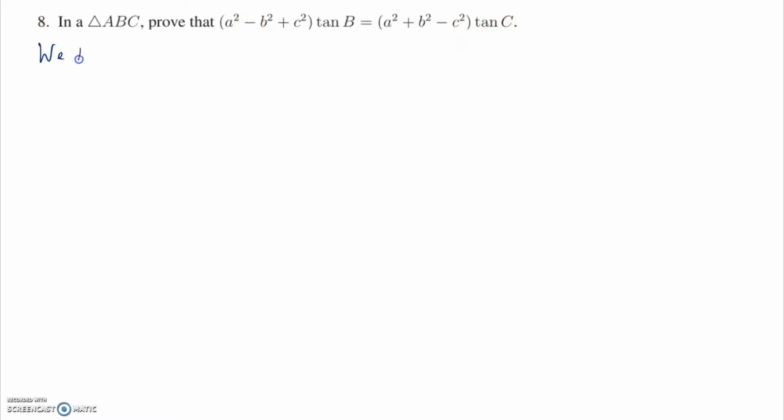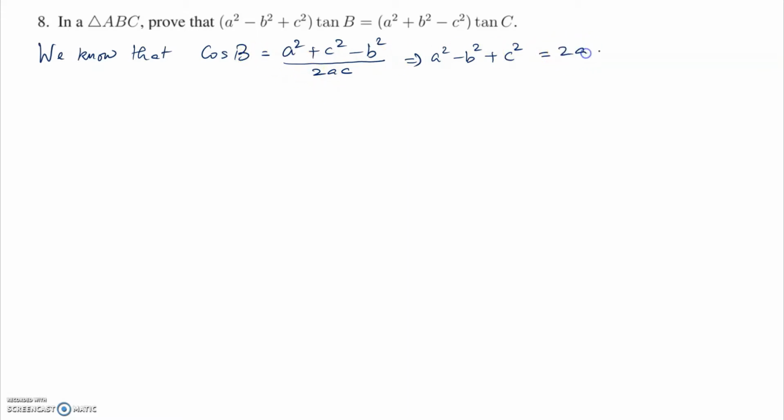We know that cos b is equal to (a squared plus c squared minus b squared) divided by 2ac, which implies that if we take this term here, a squared plus c squared minus b squared, and rearrange it as a squared minus b squared plus c squared, and take the 2ac to the opposite side, then this becomes 2ac cos b.